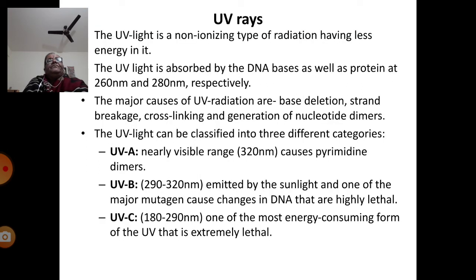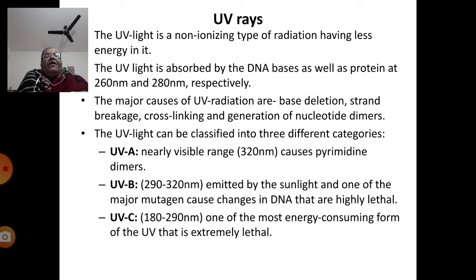Alright. Then UV rays. The ultraviolet rays belong to the non-ionizing type of radiation. Okay. And they are absorbed by DNA as well as protein at 260 nanometers and 280 nanometers respectively.